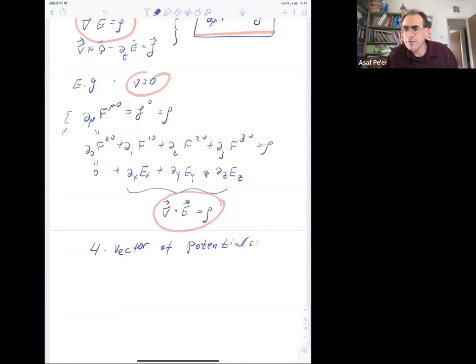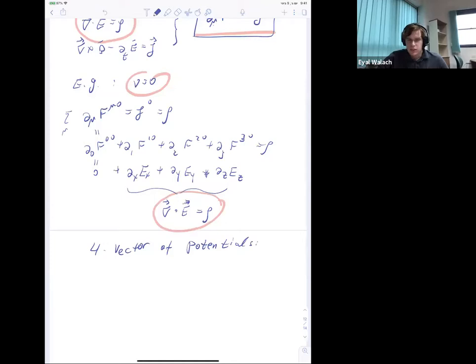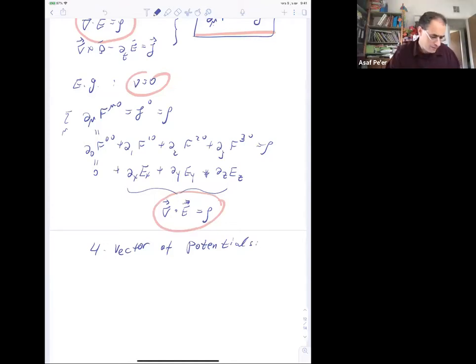You should have seen that in one of your E&M courses. Did you see the vector potential and the scalar potential? Which course? Electromagnetism, first year. Okay.